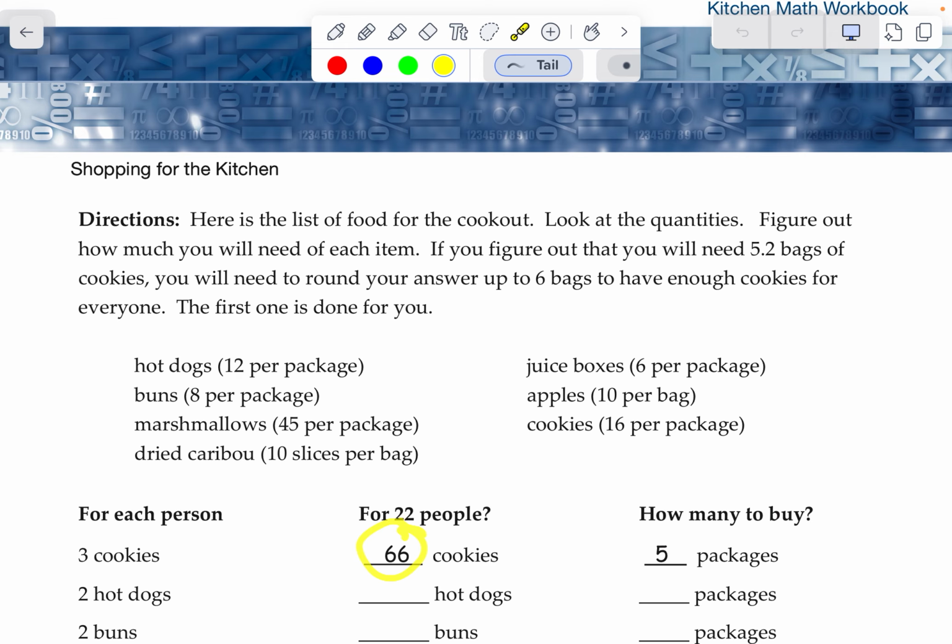How many packages will we buy? Based on this information right here, in this case, there were 16 cookies per package. So 16 goes into 66, 4 point something, I believe. Let's see here. 66 divided by 16. Yes. And that's 4 point something, which means we had to round up to 5.